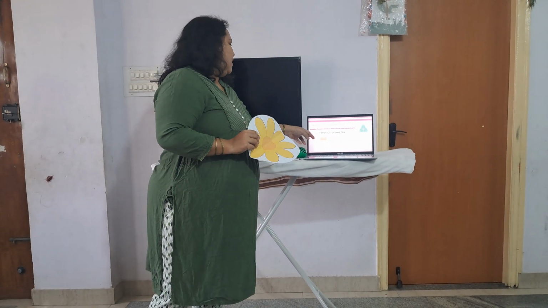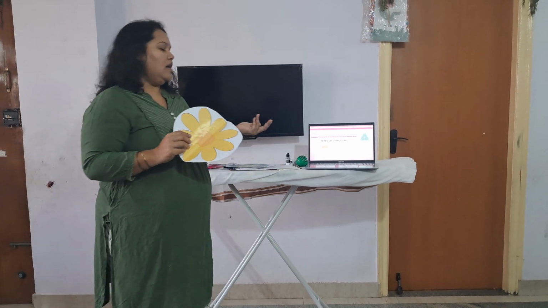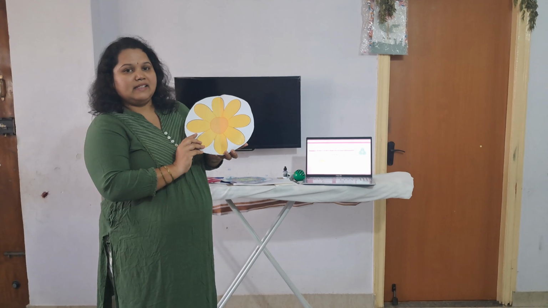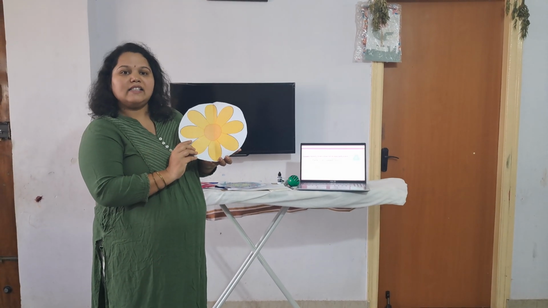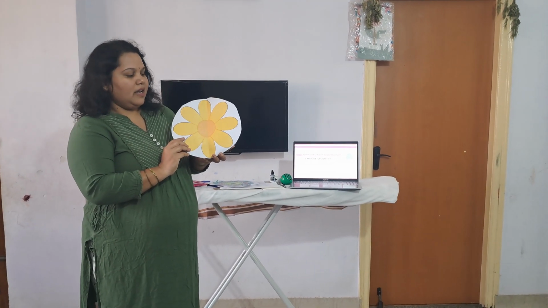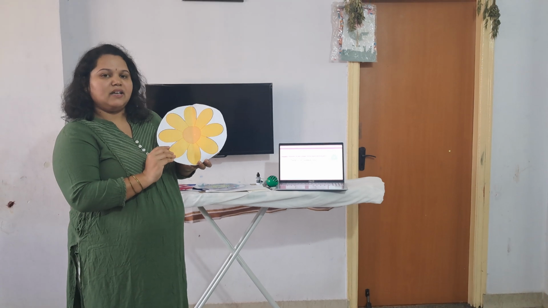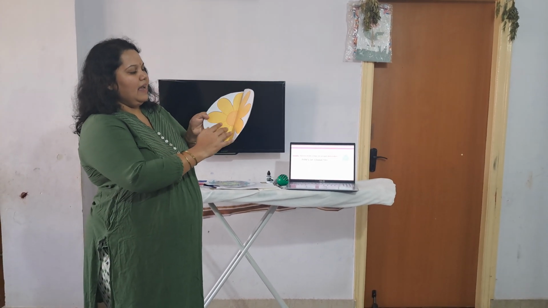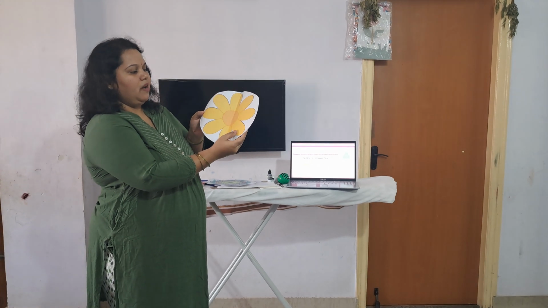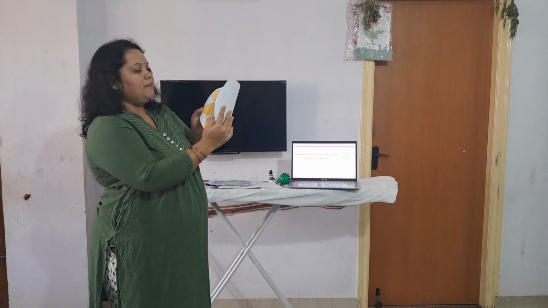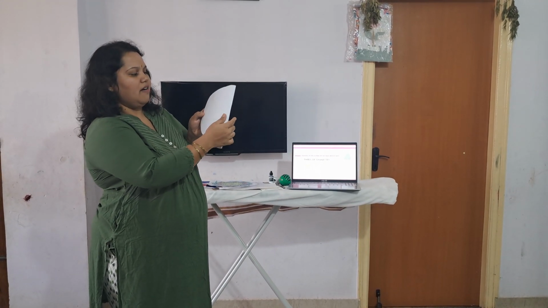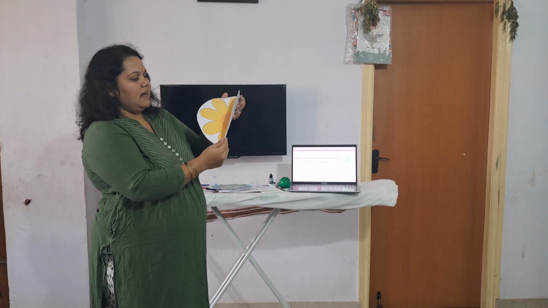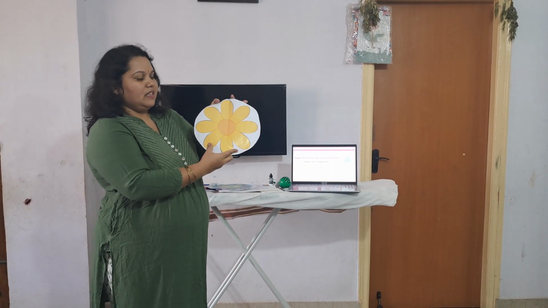Now I want to ask you, this is a flower. Is this a symmetrical image? Can you tell me? Yes. An image or shape which completely covers the other half is called symmetry.